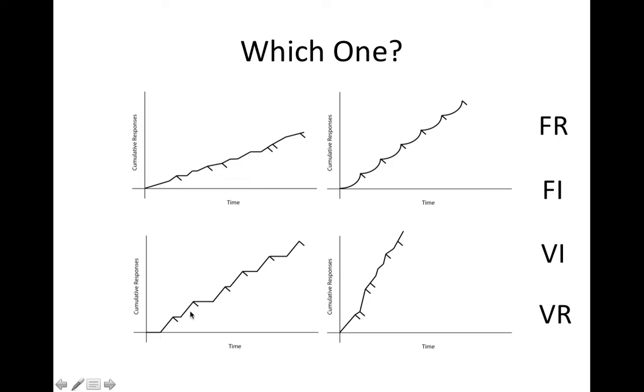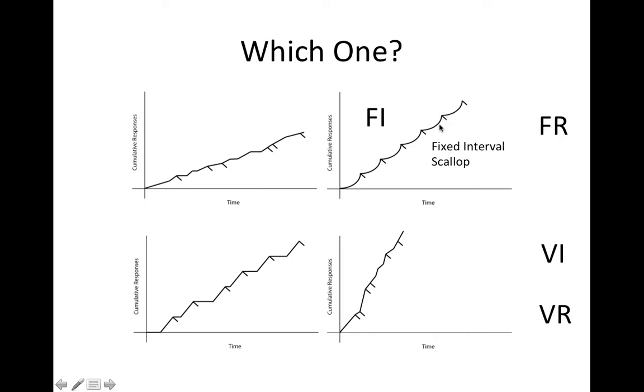Is the time in between reinforcers, that means on this x-axis, the time between these pips, is it fixed? Nope. It's not fixed here, it's not fixed here. Is it fixed here? Yes, it is. So if we were to look at the FI schedule, I think my prediction is it's going to be this one. Oh, wait a minute. Yes, it is. This is the FI schedule.